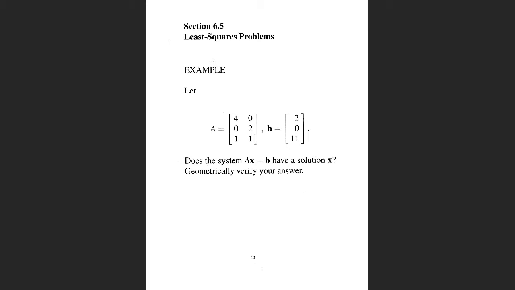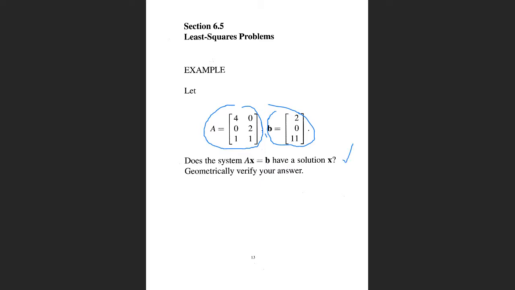Okay, so here we have this matrix A, a 3 by 2 matrix, and we have a vector B, and we're asked, does the system AX equals B have a solution X?